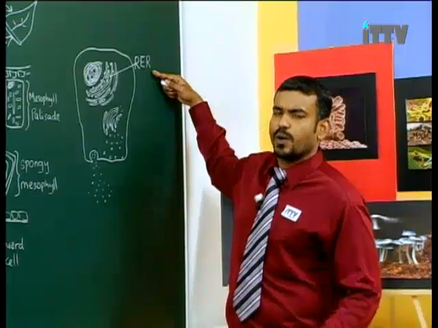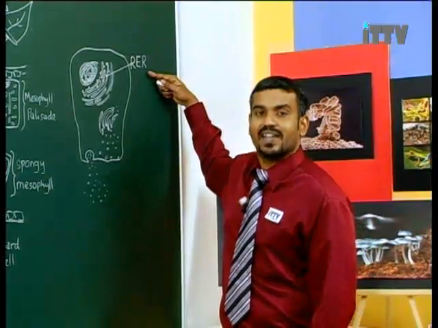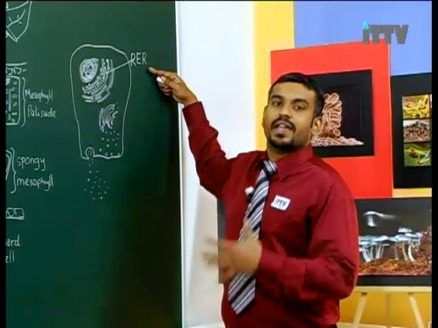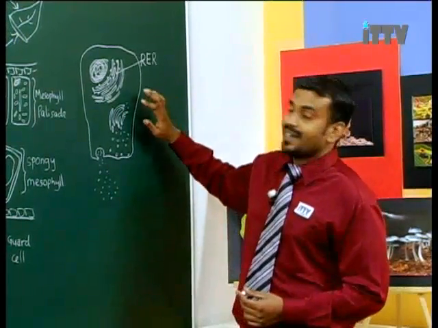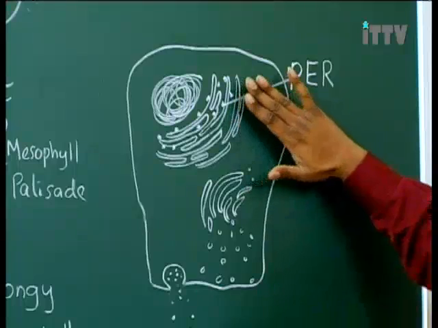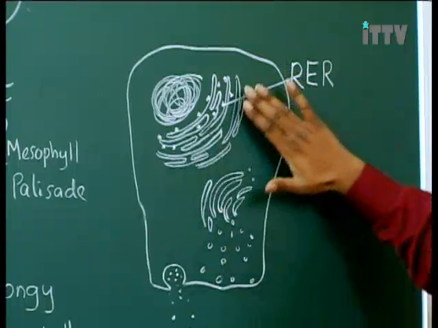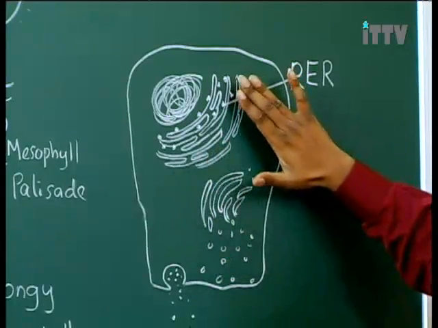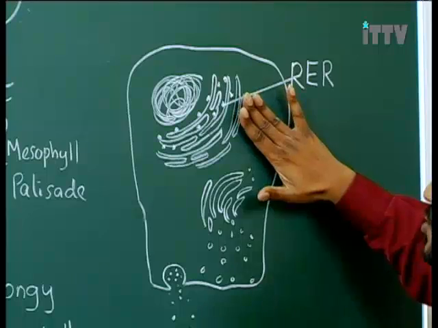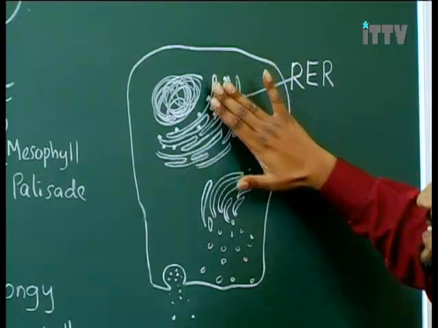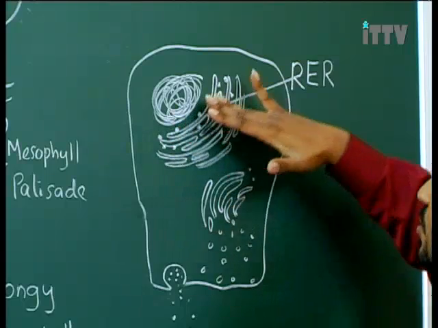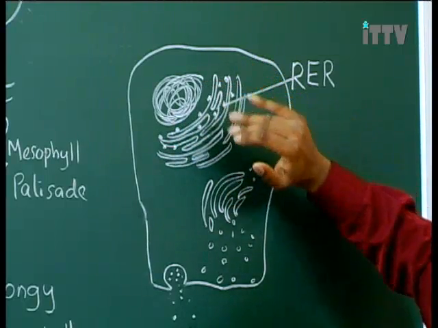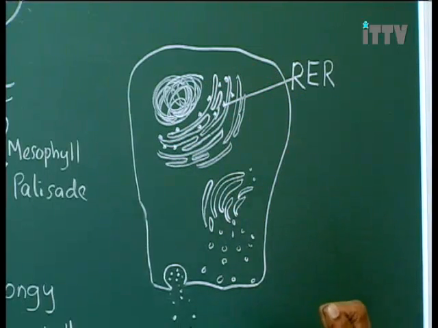Now, for those of you who are wondering, why did we call this a rough endoplasmic reticulum? Imagine I'm a blind man. So when a blind man touches this area, he will find that the outer surface is smooth, correct? And if I was to move on to the inner surface, I will find that it's got lots of bumps. These bumps are caused by ribosomes.